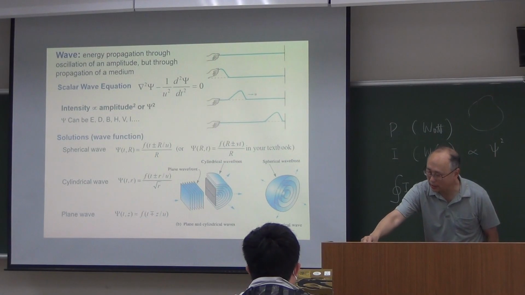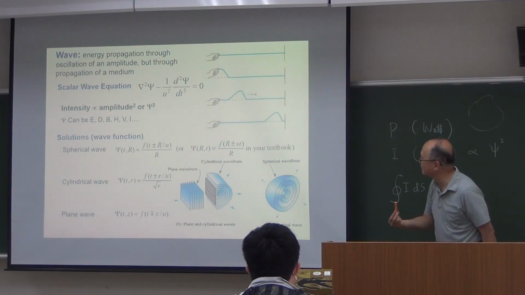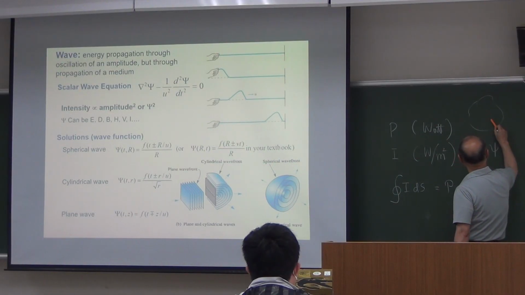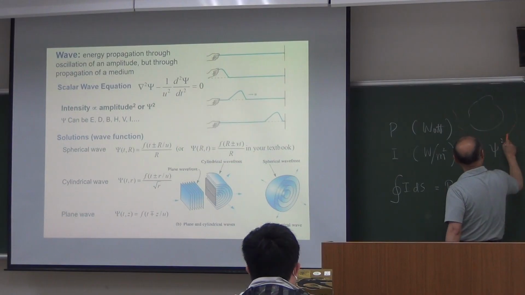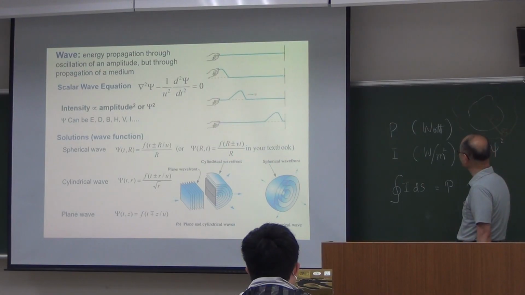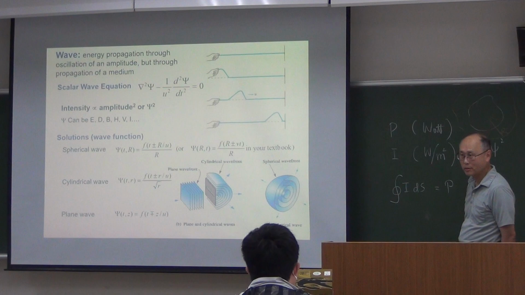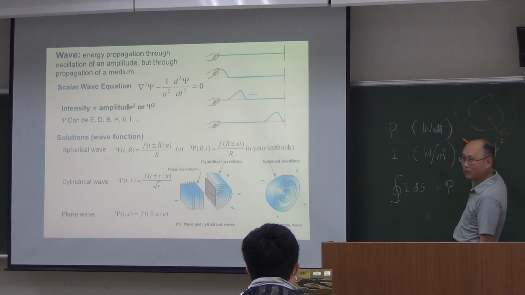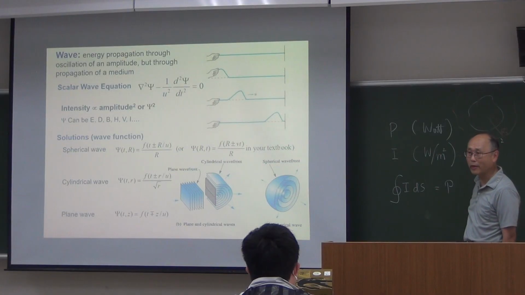And this integration can be done at this location. It can be done at this location, R1, R2. The result has to be the same if this is vacuum or some material without any loss. So we call this power conservation or energy conservation.